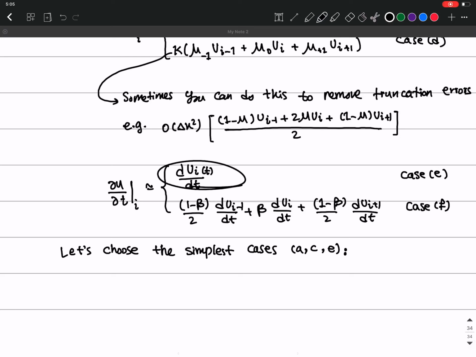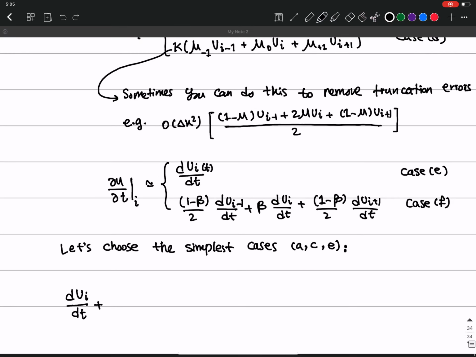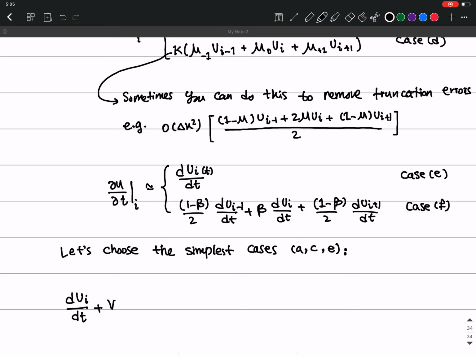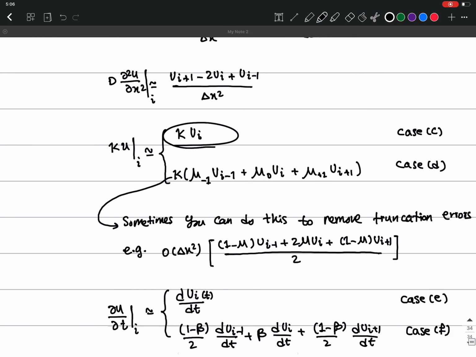So E is this one. So I'm going to write it as du_i over dt plus, for the second term, v du over dx, which is B, which is A. So is this one. So I'm going to have v times (u_i plus 1 minus u_i minus 1) over 2 delta x, minus D, and then the next one is C, sorry, which is going to be kappa u.